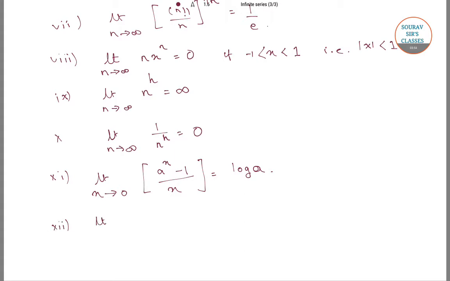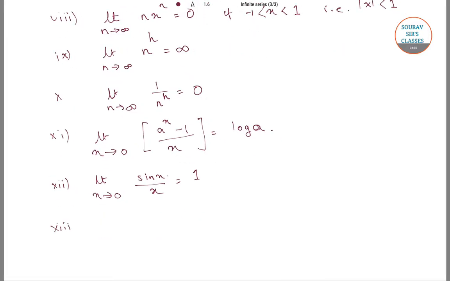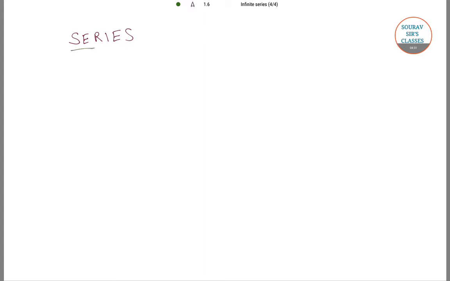Next is limit x tends to 0 sin x divided by x is equal to 1, and limit x tends to 0 tan x by x is also equal to 1. So these are some of the important limits that will be useful. Next, we will study about series.